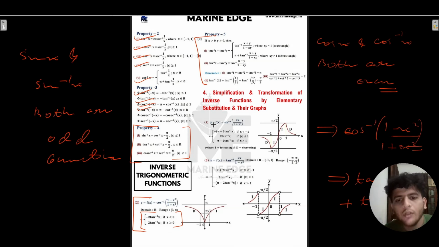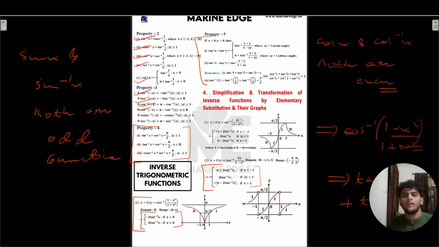Okay. So y is equal to f(x) is equal to sine inverse 2x upon 1 plus x square. Okay, so here you do some substitutions for x. These are the substitutions, because at this point of view there is no point in teaching you the substitutions; you have to just understand these properties.